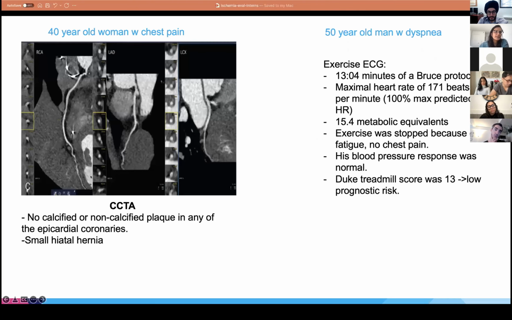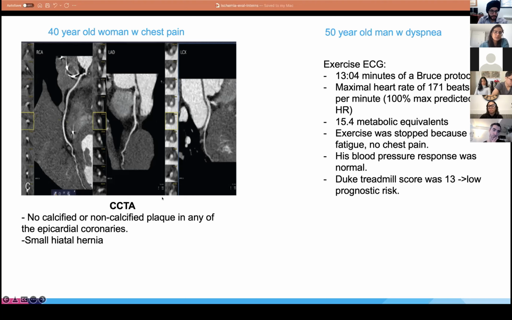So in this 40-year-old woman, we did a coronary CTA and didn't see any plaque or any blockage, so this was sufficient, and now we had ruled out any disease in this woman. We were comfortable saying that the pain you're having is not from significant epicardial coronary artery disease.